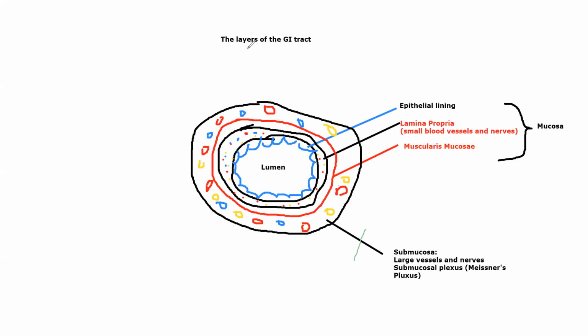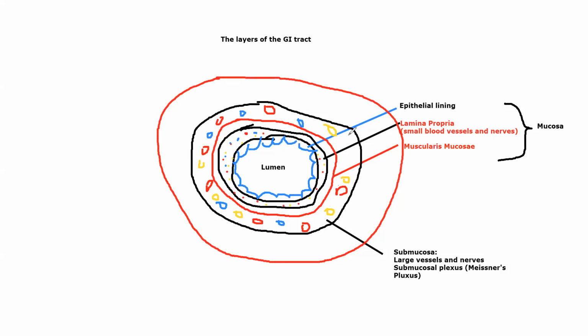Okay, now let's move off to the third layer, which is the muscularis externa. This is really a thick layer of smooth muscle. So again, I'm drawing it here in red so we can see that this is smooth muscle.